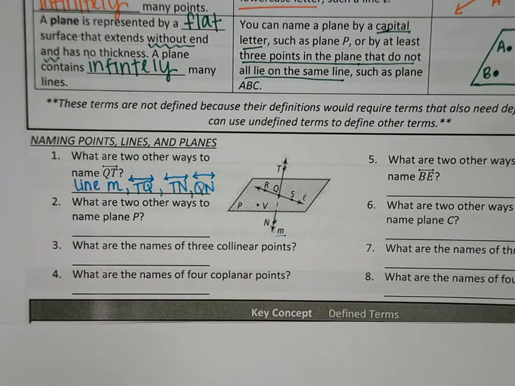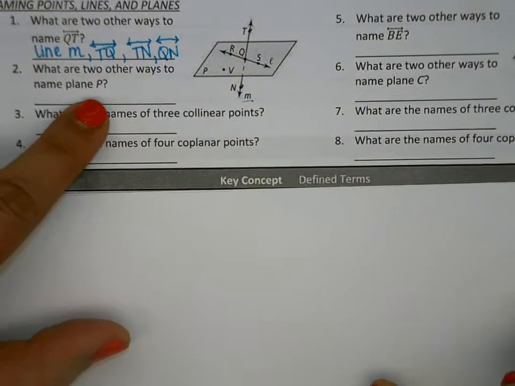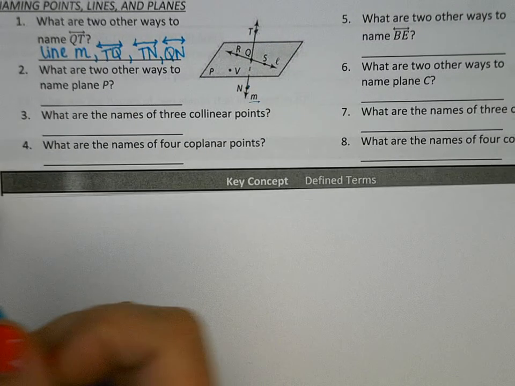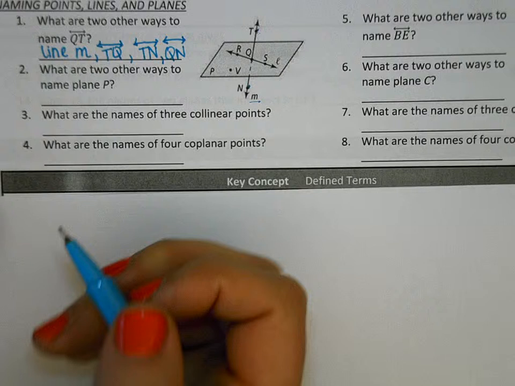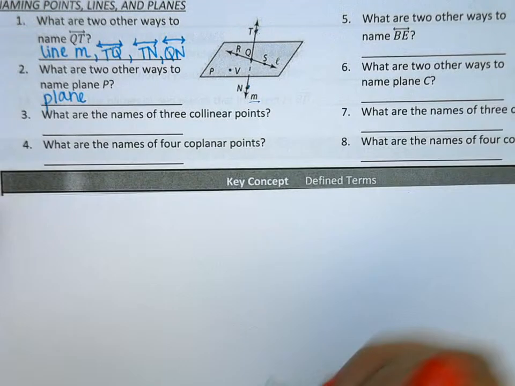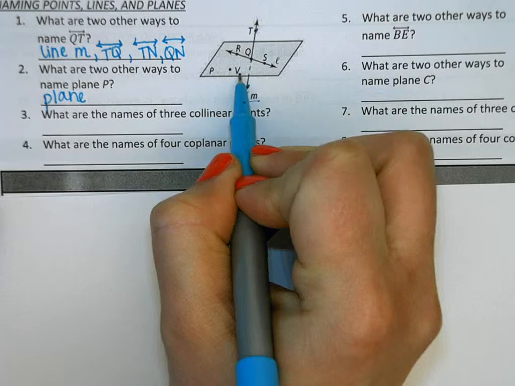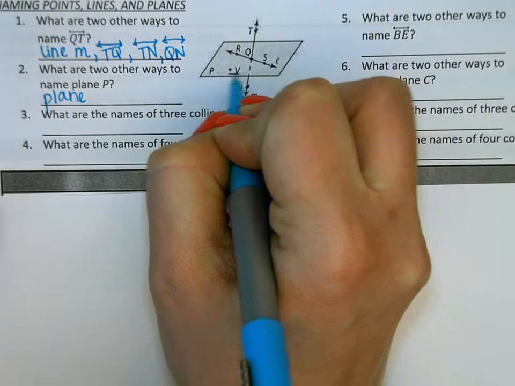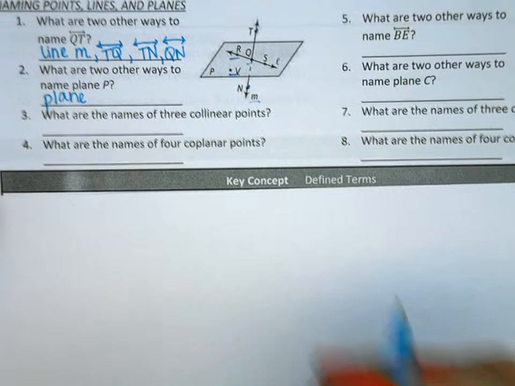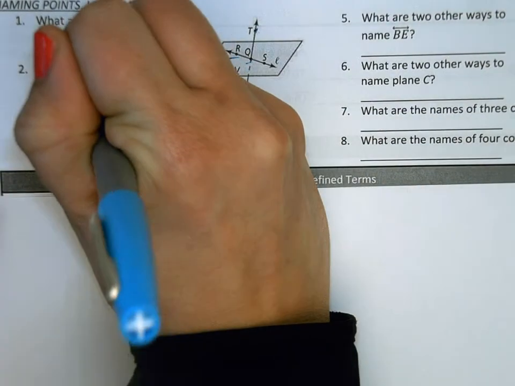No. So it already named the plane with a letter, so we can't use that. So let's look for 3 points that are not collinear. I see point V on the plane. R is on the plane and Q is on the plane. So we could do QVR.